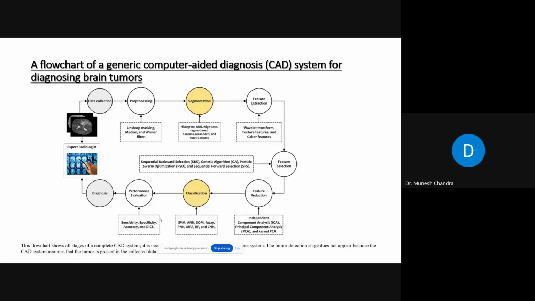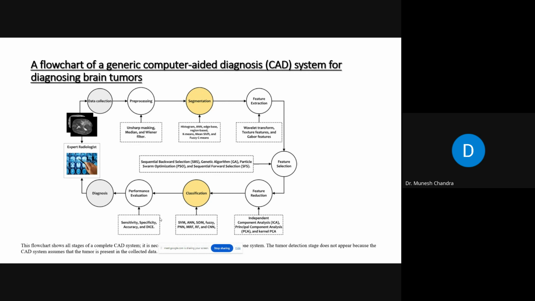So we have to select the features as per the identification of the disease, which particular disease we are focusing on. For the feature selection, we have certain algorithms like sequential backward selection, genetic algorithm (GA), particle swarm optimization (PSO), and sequential forward selection. These are the techniques that are used for feature selection.